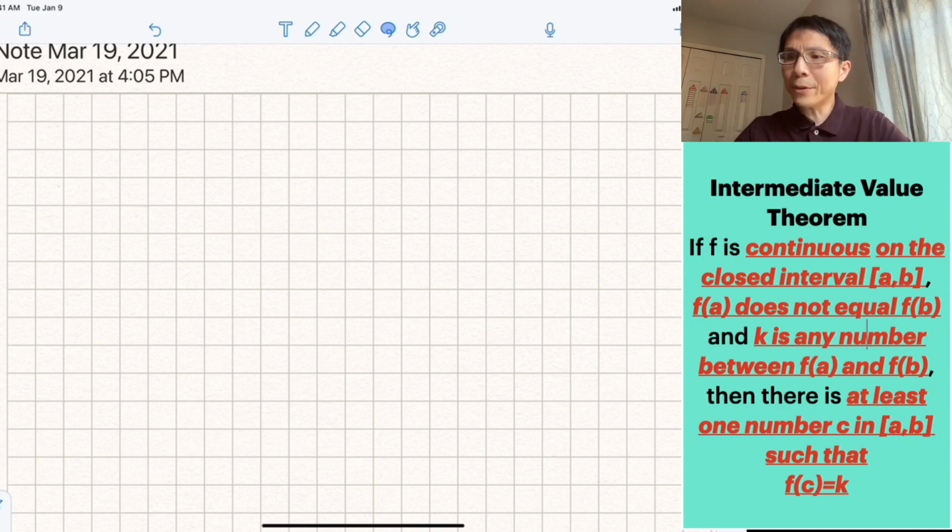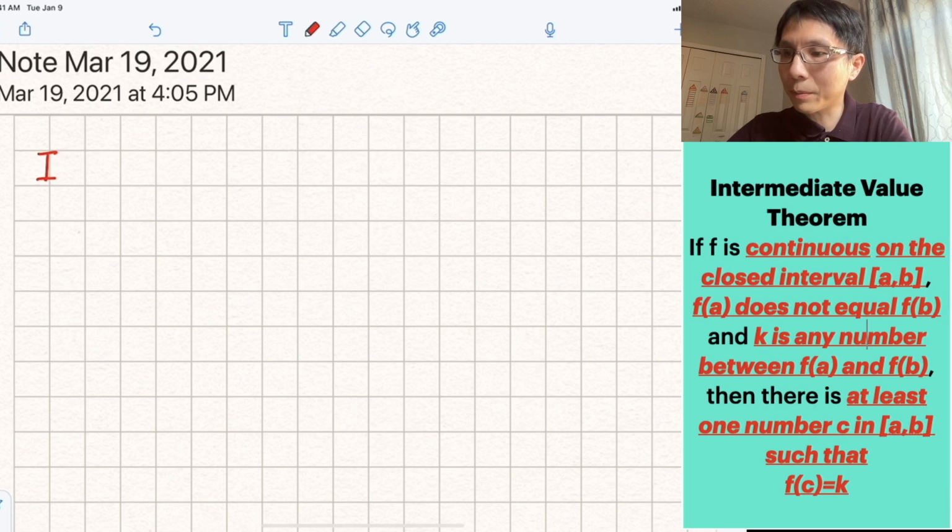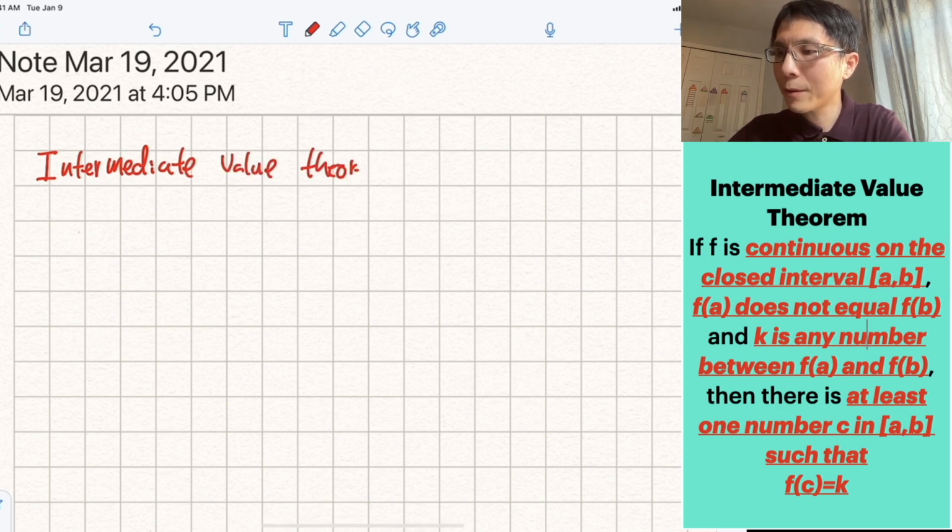At first, we're going to write it down. What is the intermediate value theorem? Let me write it down using the red marker. Okay, so let's write down the conditions.